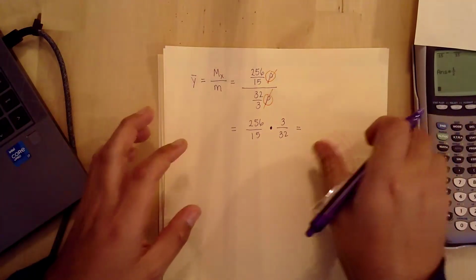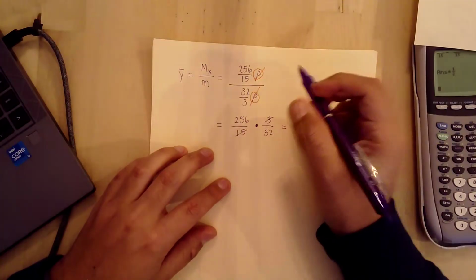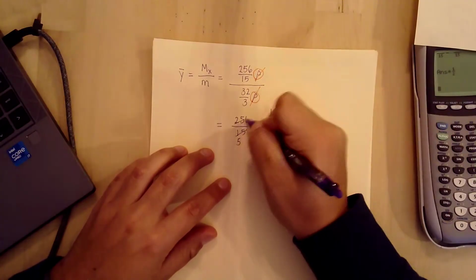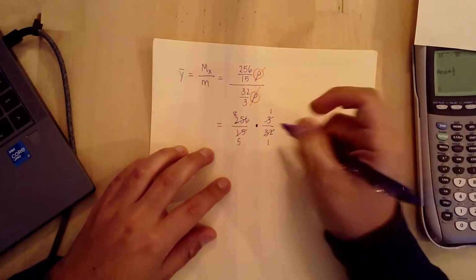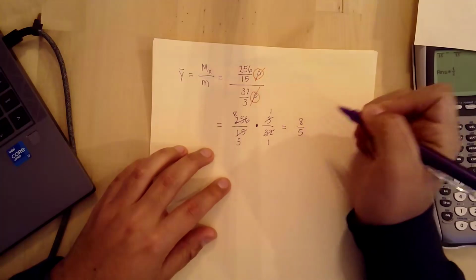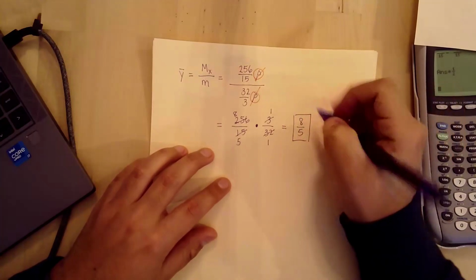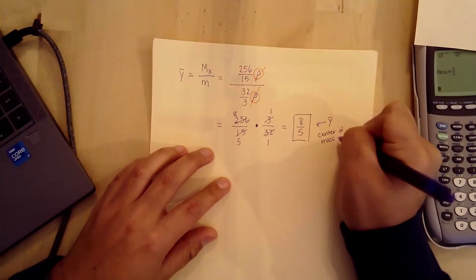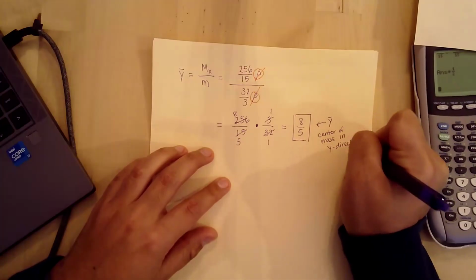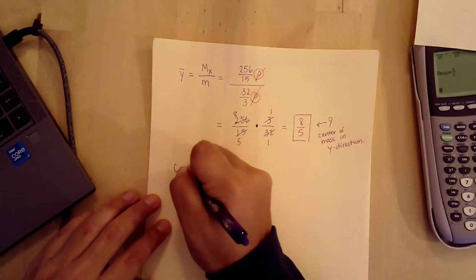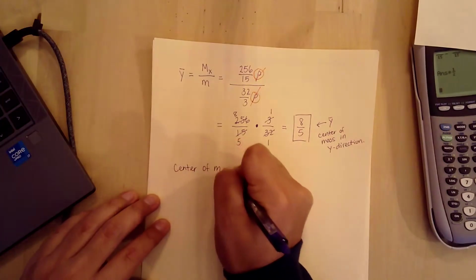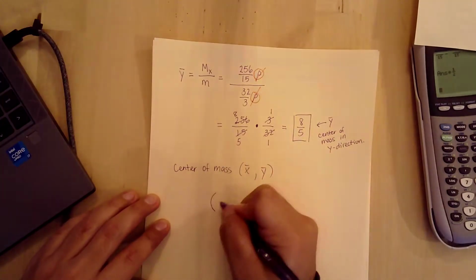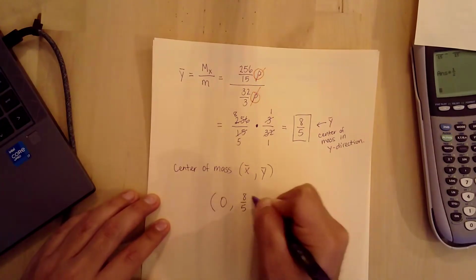And with some simplification, or you can just plug that into the calculator, this would be 1 and 5 when you simplify that, and then this would be 1 and 8. We should be getting 8/5. And that's y bar, or the center of mass in the y direction. That means that the center of mass for the lamina, the planar lamina, is going to be 0, comma 8/5.